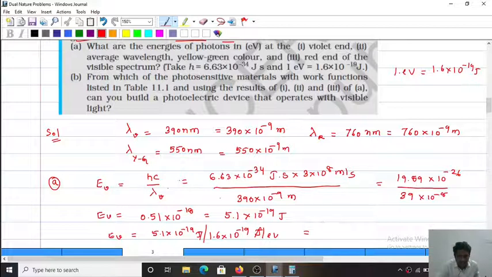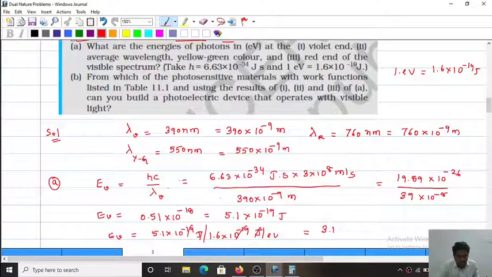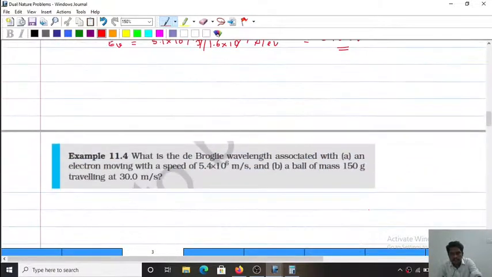So 10 power of minus 19 gets cancelled, and 5.1 divided by 1.6 is equal to 3.18 electron volts. The energy of violet light is 3.18 electron volts.